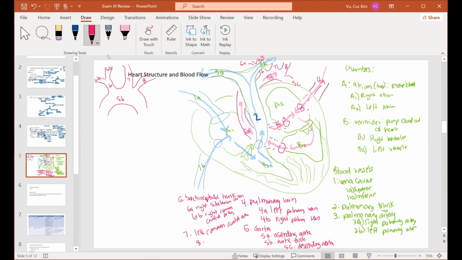So you can see that they're kind of mirror images of each other. So if 6B is the right common carotid going up through the neck on that side, 7 is going to be the other side. So 7 is the left common carotid going up to the neck. Carotid means neck. If 6A is going to the right arm, 8 goes to what?